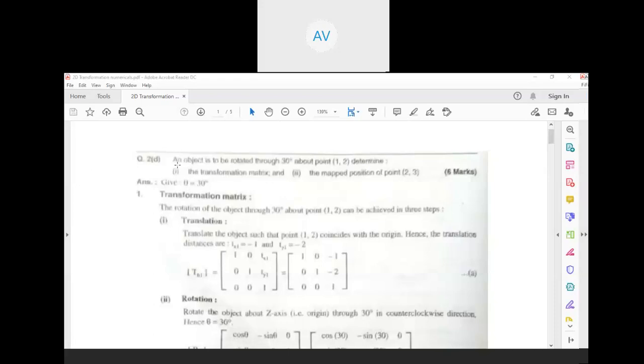The question is: an object is to be rotated through 30 degrees about point (1, 2).